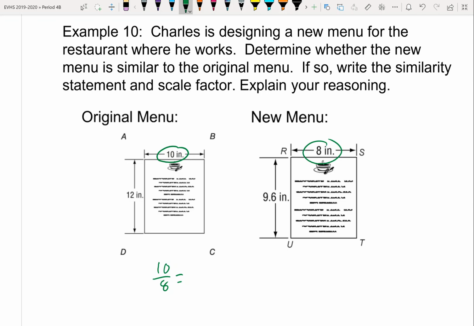Then 12 and 9.6. Yeah, this is where it's actually beneficial to have the calculator up. But that one, if you do in the calculator, does reduce to 5 over 4. I got to pull my calculator back up to show you.